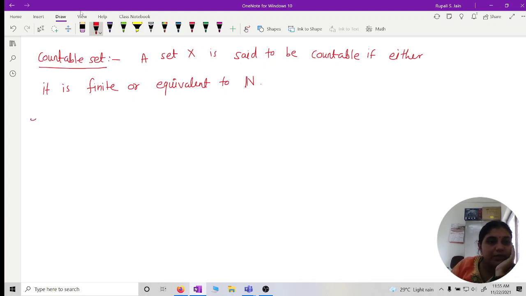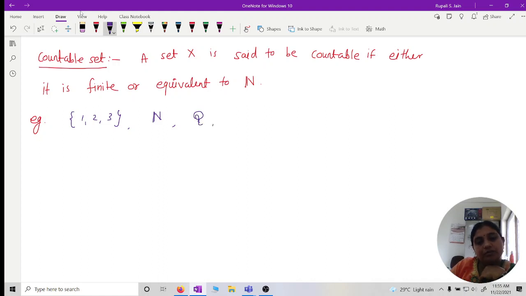Okay. For example, {1}, {1, 2}, {1, 2, 3} are all finite sets. The set of natural numbers is a countable set. Again, Q, the set of rational numbers, is a countable set. We have to prove it, okay?